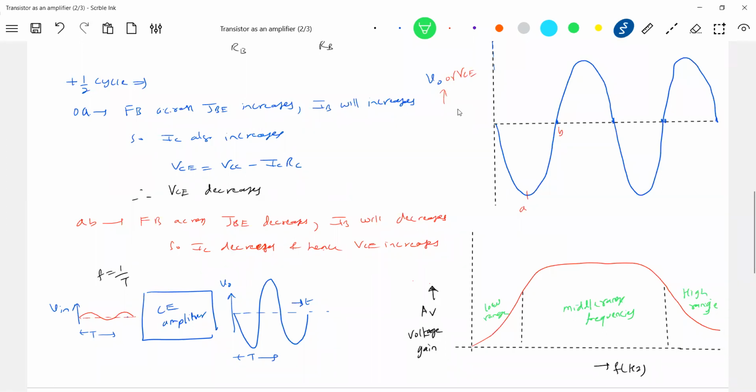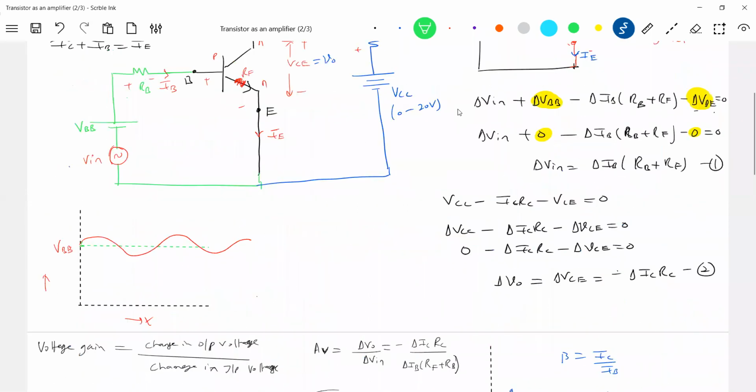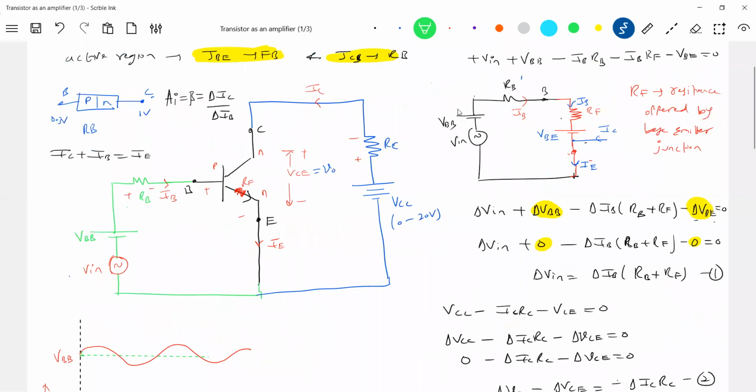Now why is the gain very less for the low range? Again, go back to the RLC circuit. Here there's no capacitor drawn, and I didn't introduce one so as not to confuse you, but there will be a capacitor there.